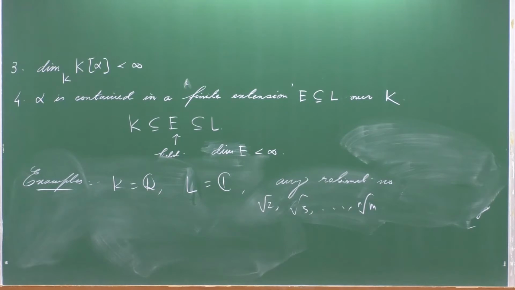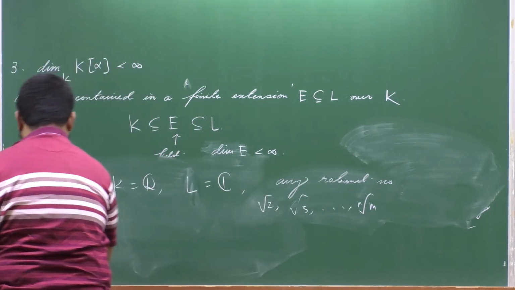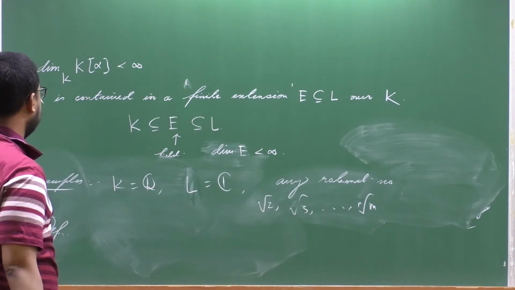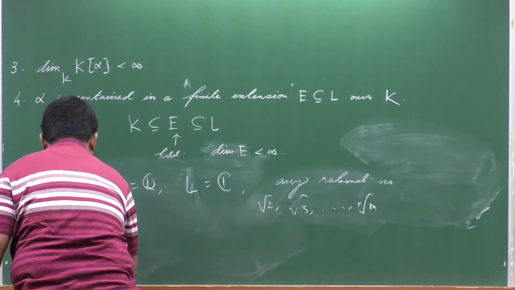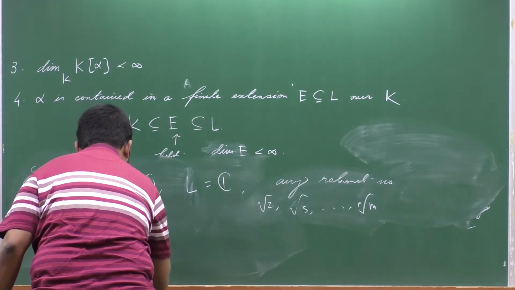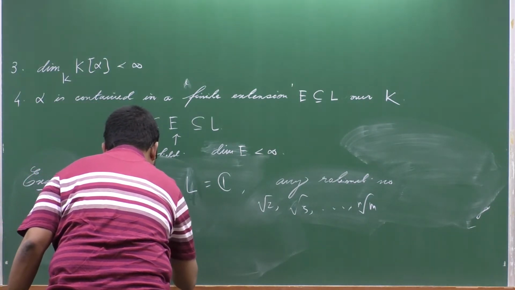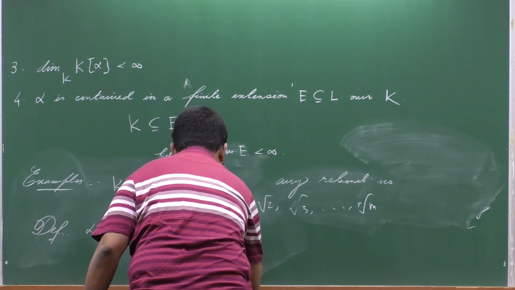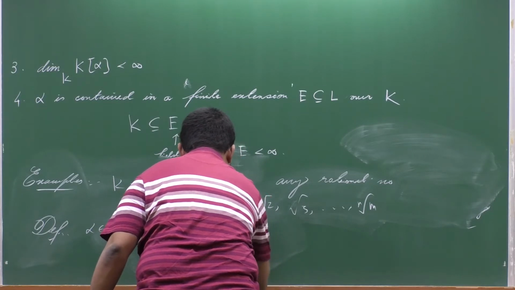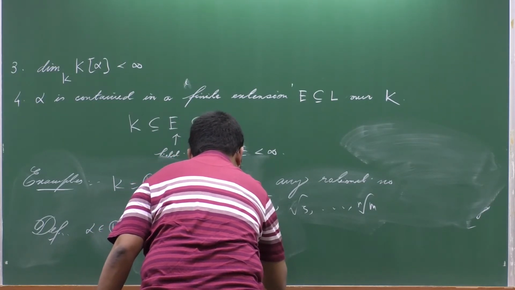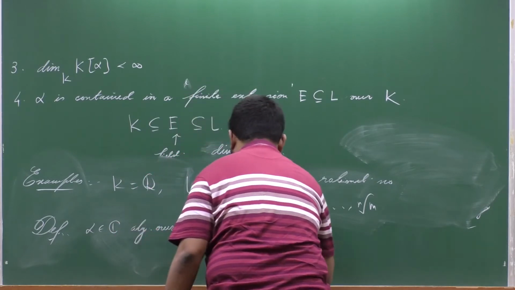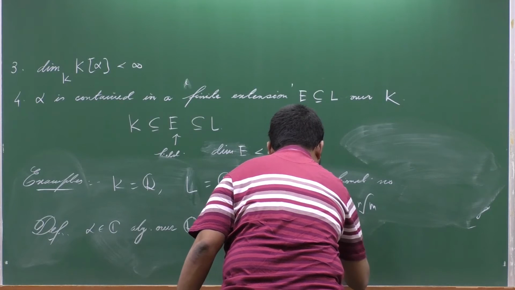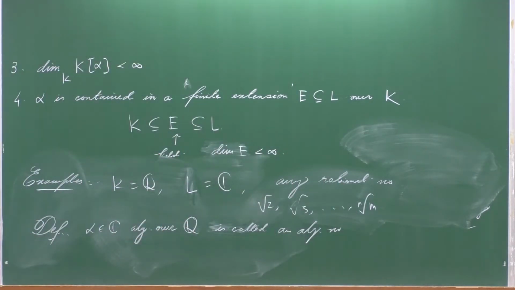Before that I think I should give this definition as well, because it is easier to use. A complex number which is algebraic over Q is called an algebraic number. So this is the analog of an algebraic integer.